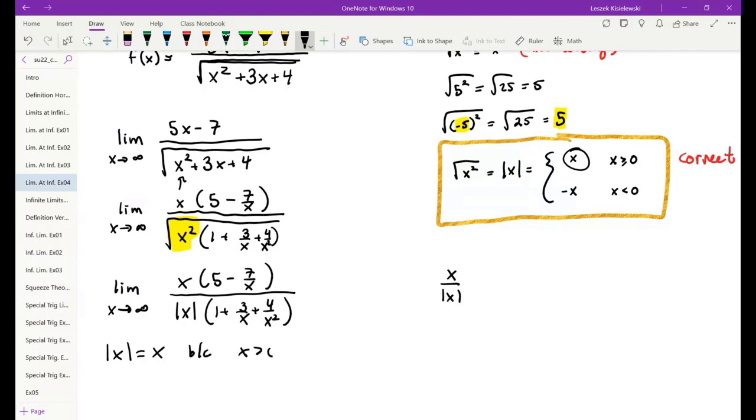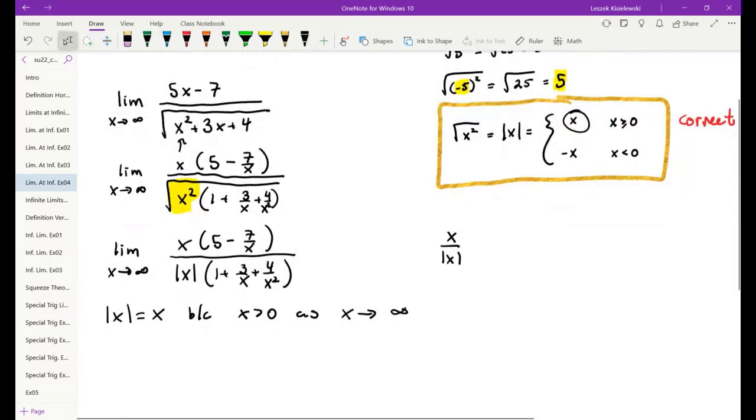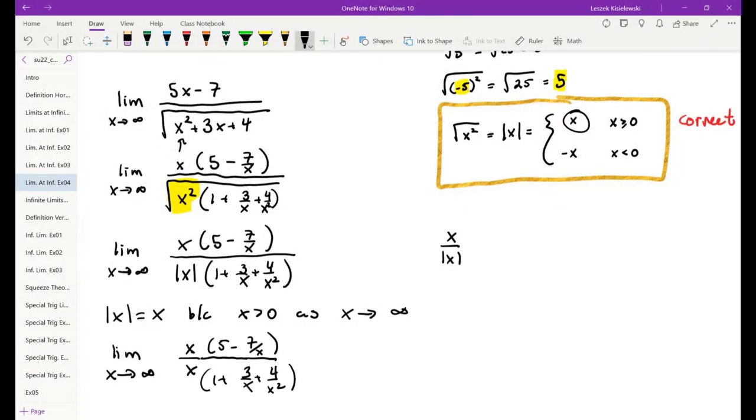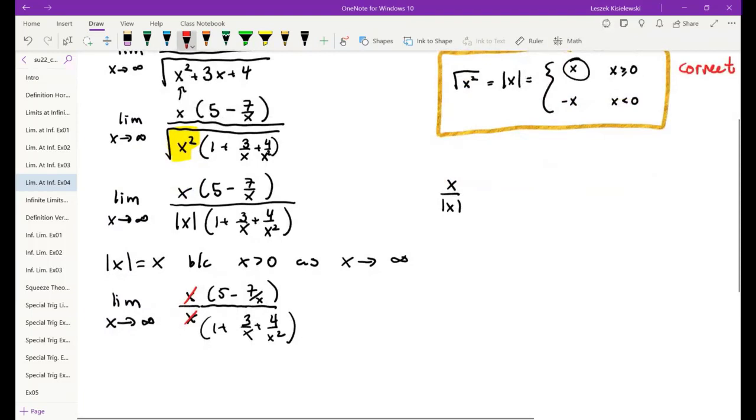Because x is positive as x goes to positive infinity. Right, so since x is positive, just drop the absolute value bars. Okay, once we do that, we see that we do have x divided by x is positive 1.